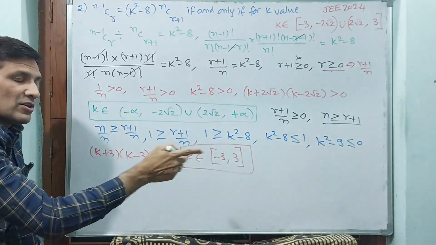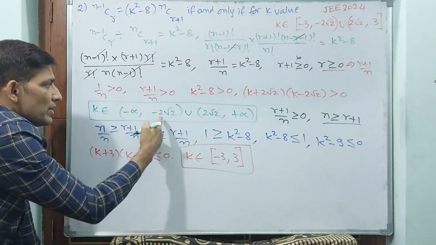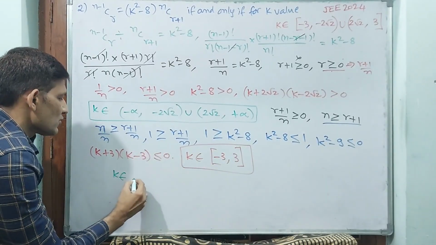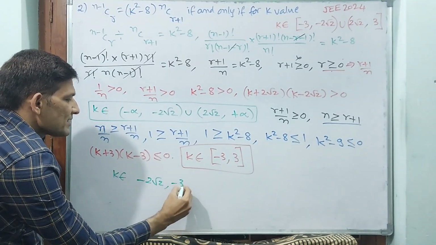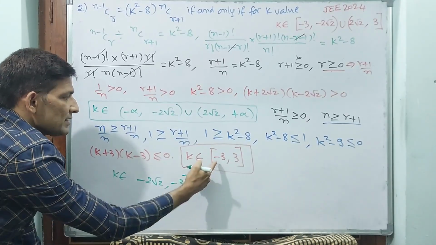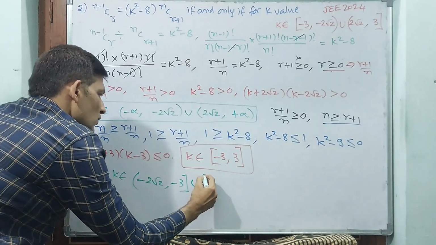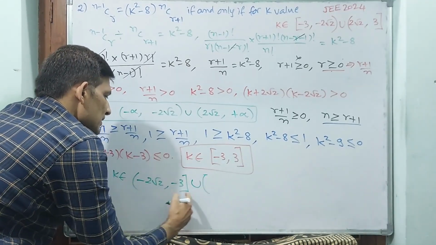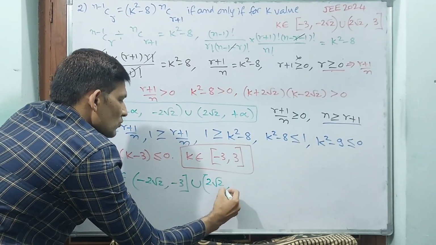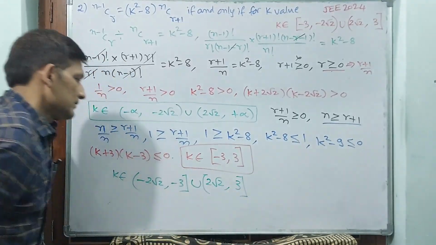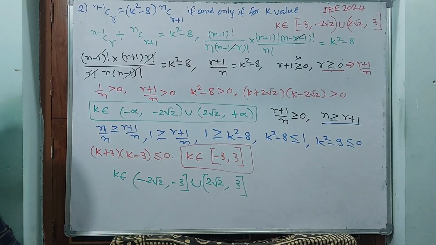That means in the number line this comes before, afterwards only 3 comes.